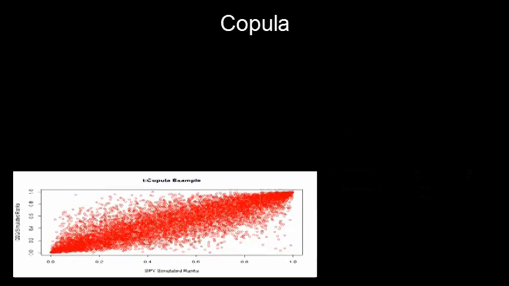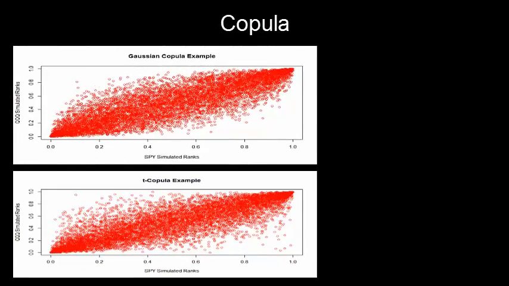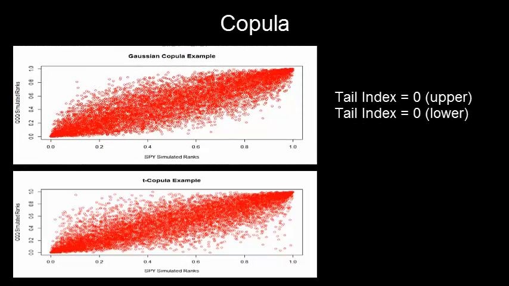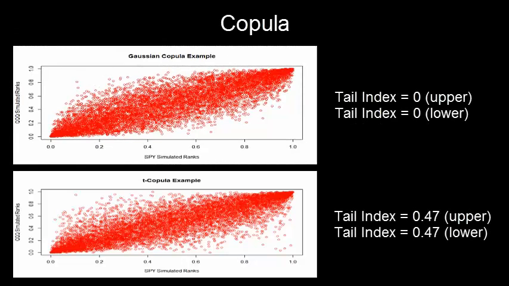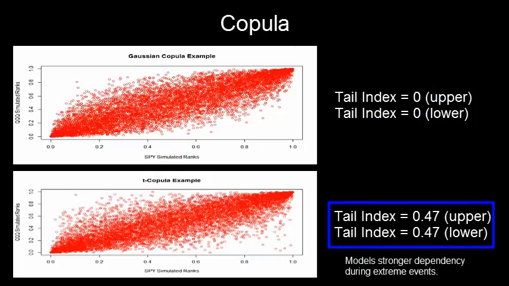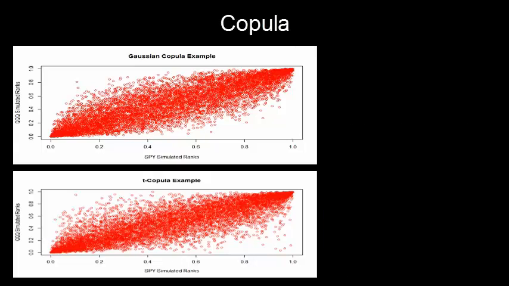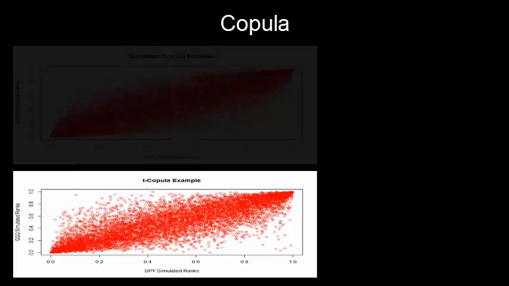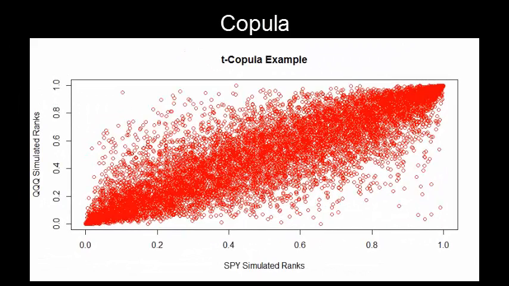Using our example, the Gaussian copula has a tail index of 0, while the student T copula models an increase in tail dependency with values closer to 1 for this pair of securities. In the fitting distributions tutorial, we discussed evaluating the quality of fit using likelihood measurements and AIC. These same tools can be applied to validate that the student T copula models the dependency better than the Gaussian copula in this case.